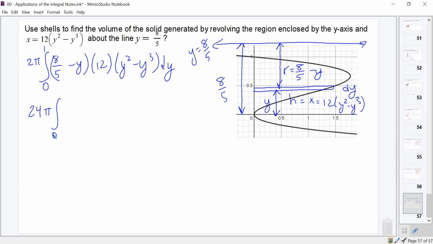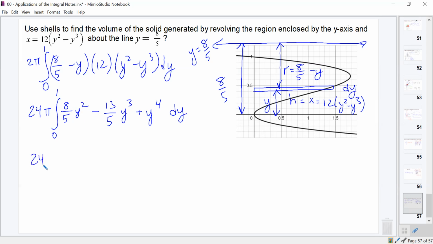And it'll be an integral from 0 to 1 of, when we distribute this, 8/5 y squared, and then a minus 8/5 y cubed and a minus y cubed when we do the negative y times the y squared. So that'll be a minus 13/5 y cubed. And then the negative y times the negative y cubed will be a plus y to the 4th dy.